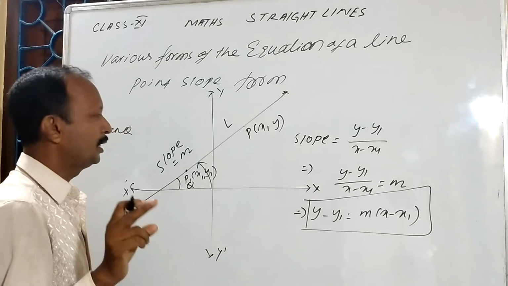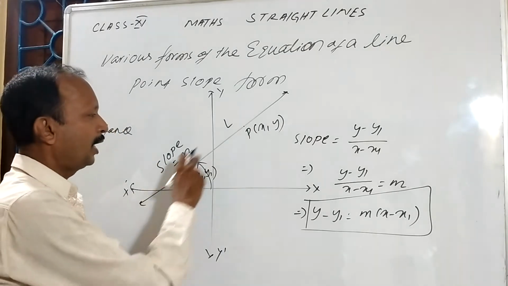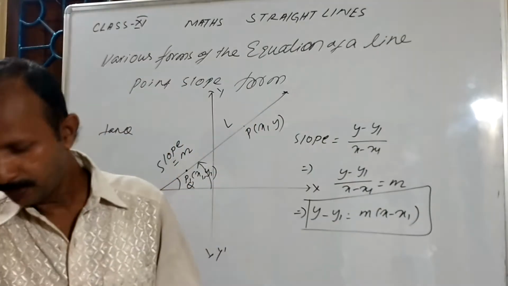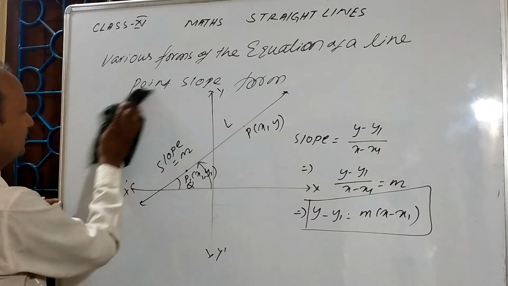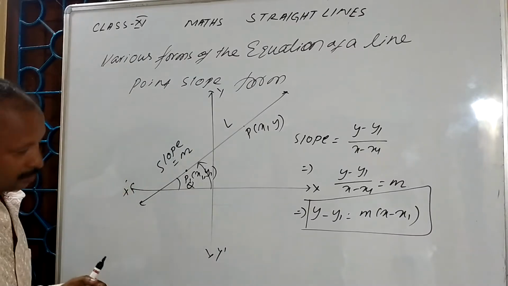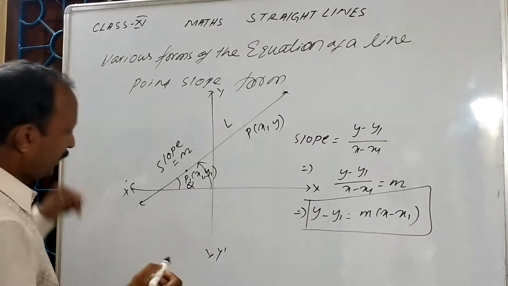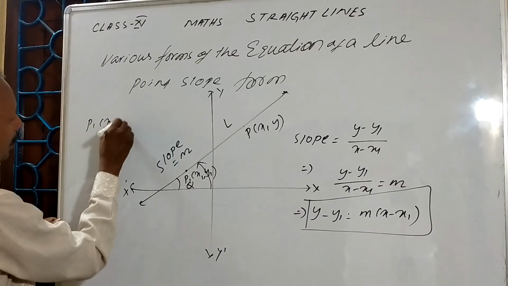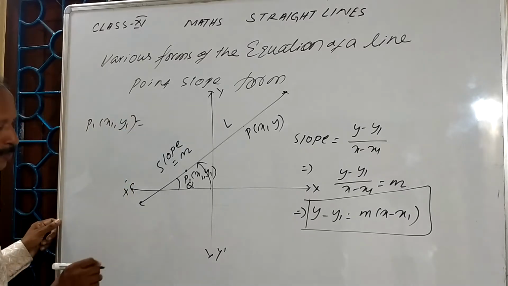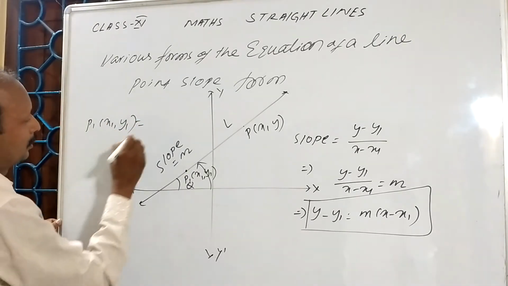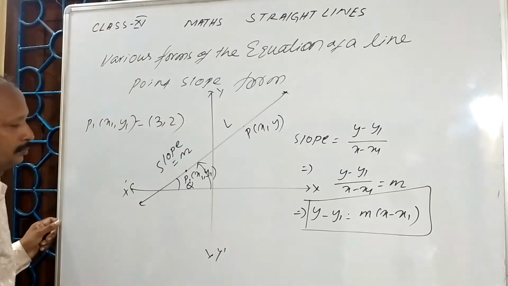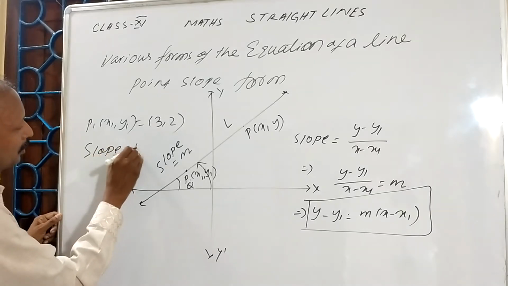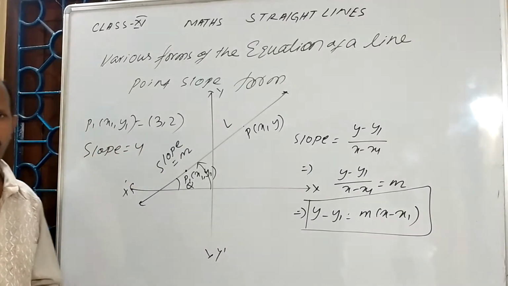So I said that the relation between the slope and these points gives the equation of a line. Let us see one example. For example, one point is given, P1, x1, y1. Suppose this point is given as 3, 2, and the slope is given as 4. Then what will be the equation of the line?